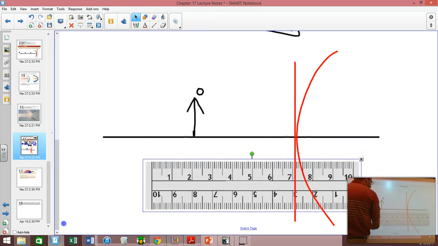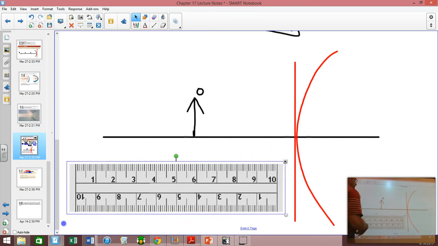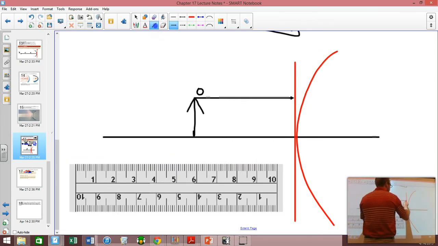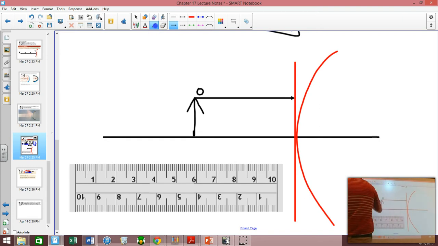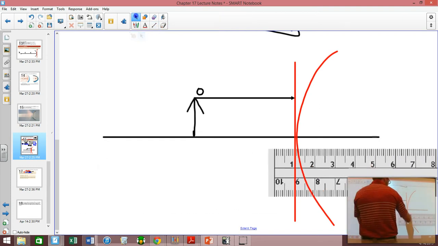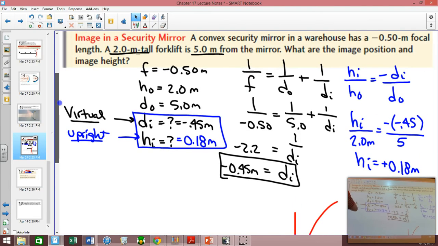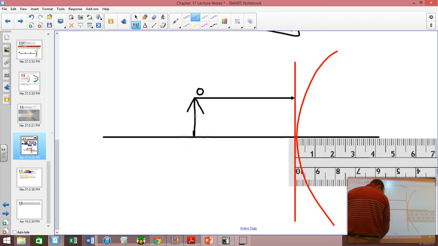If I do a really good job with my ray tracings, I should be able to find the exact same answer that I found here. Remember the focal length of this mirror was negative 0.5. So here's the focal length.